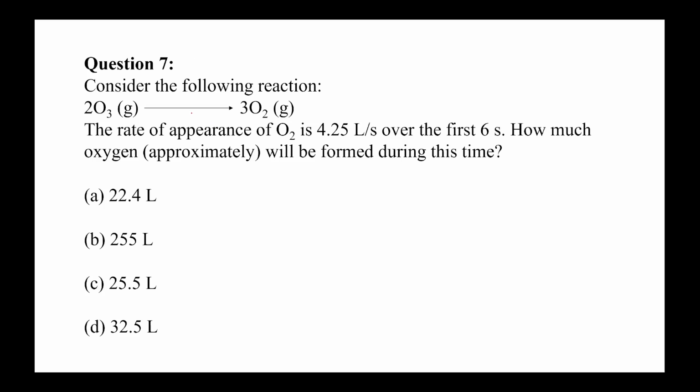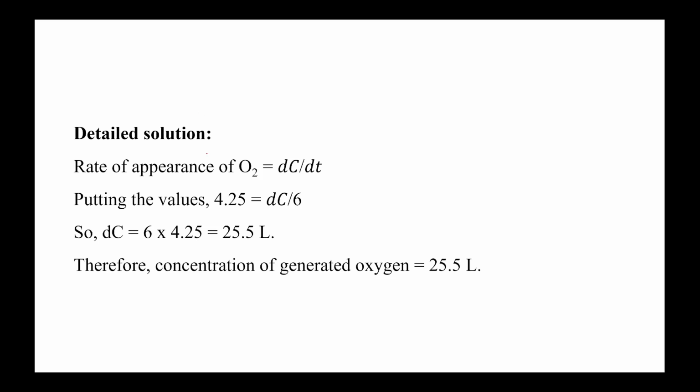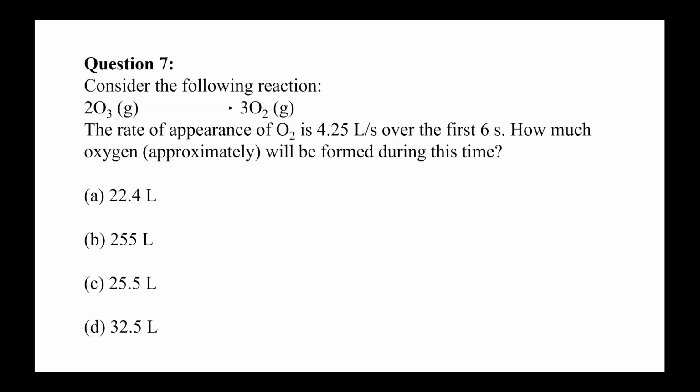So here if you see, the rate of appearance of O2 is basically change in the concentration of O2 with respect to time. And that is what we have to answer. So how much oxygen will be formed during this time?